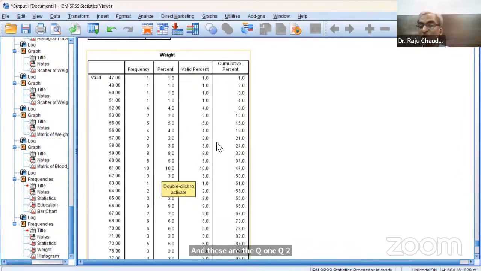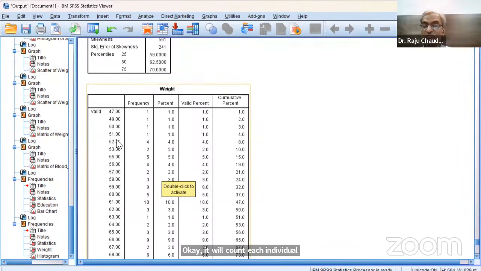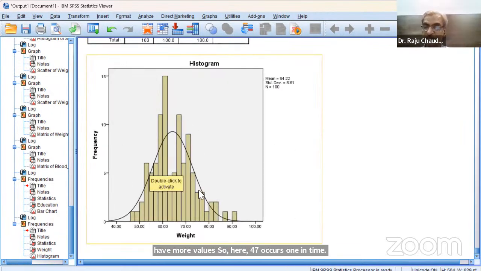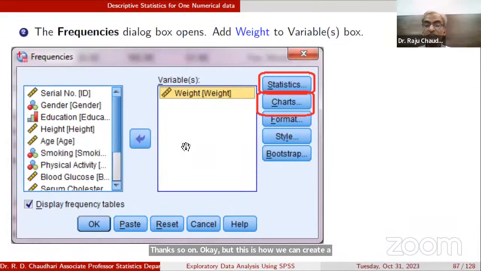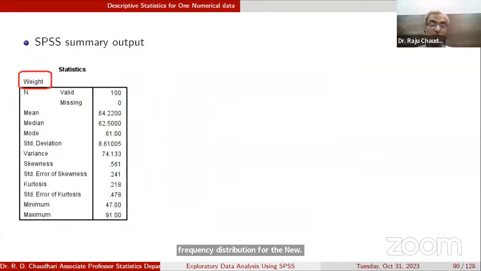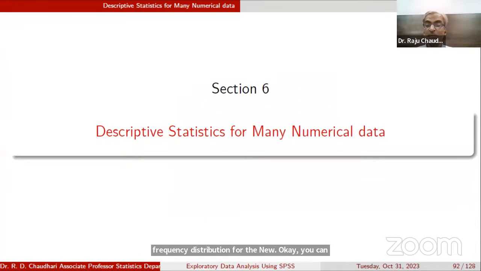But for a numerical variable, this particular table is of no use because it will count each individual value, and since we have many values, here 47 occurs one time and so on. But this is how we can create a frequency distribution for a numerical variable. You can choose all these things, and this is a summary.